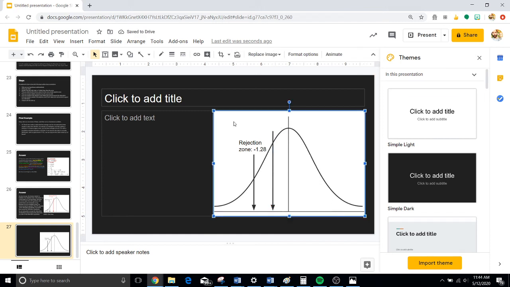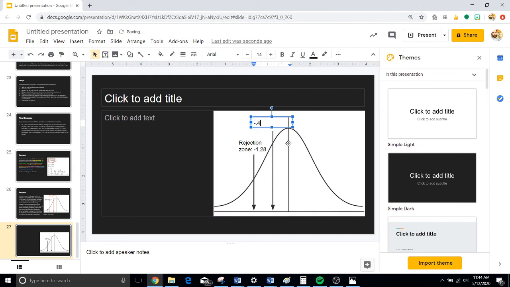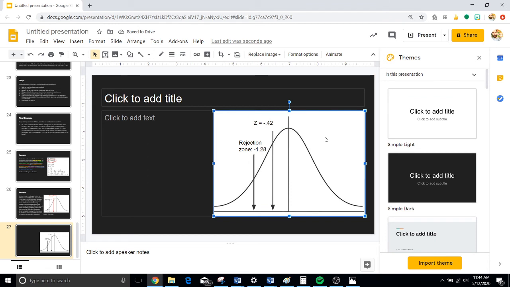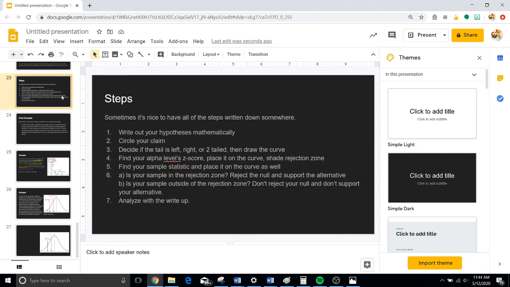So let's call this negative 0.42. And I think we can all agree that it is outside of the rejection zone. So looking at these two, we can see it is outside of the rejection zone. So let's go ahead and go back to our steps and see what that means.